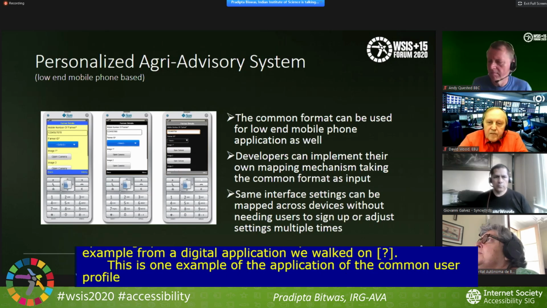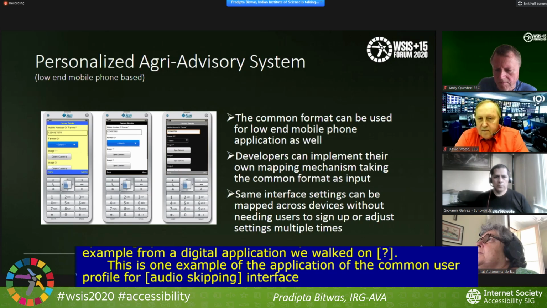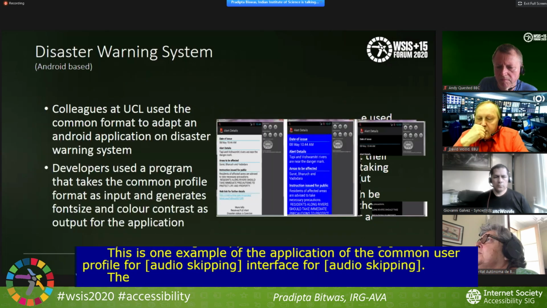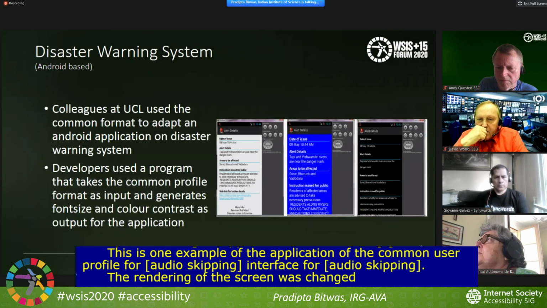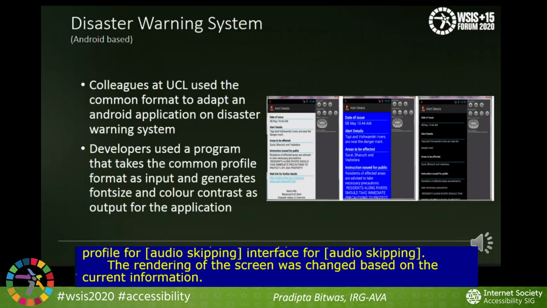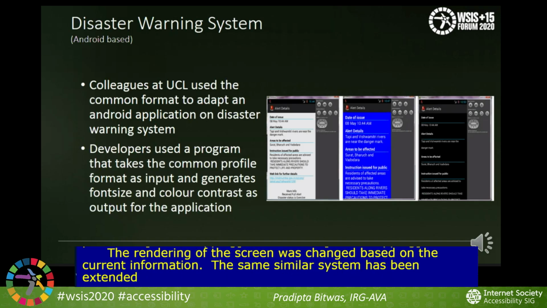So this is one example of the application of the common user profile, an interface for an advisor, where the rendering of the screen was changed based on different ranges of visual impairment. A similar system has also been extended for a smartphone-based application by colleagues at University College London.